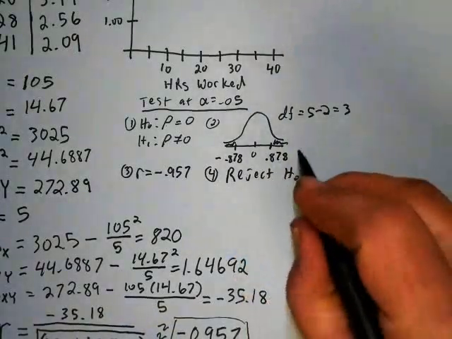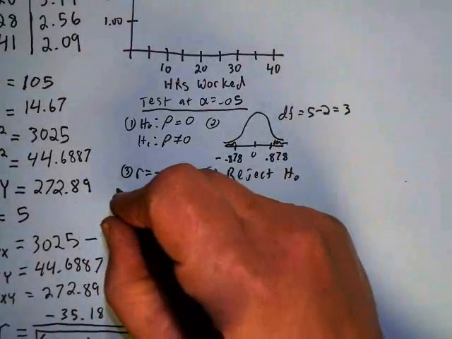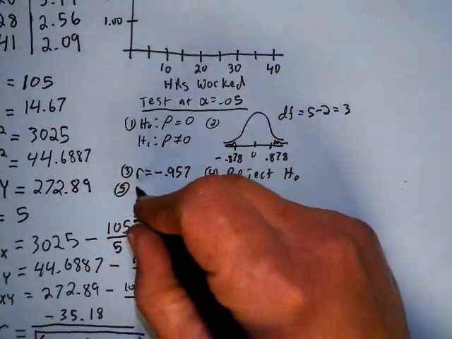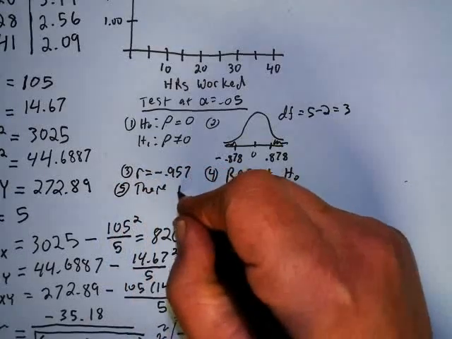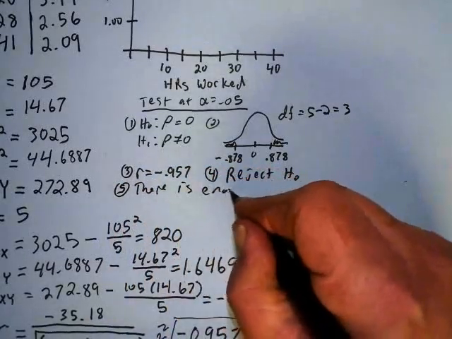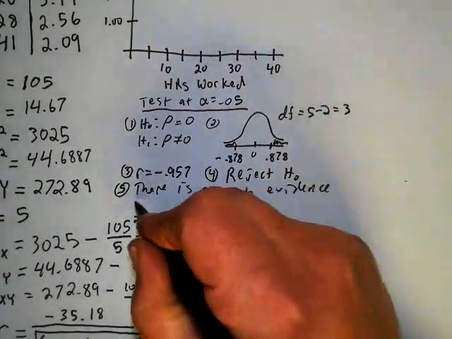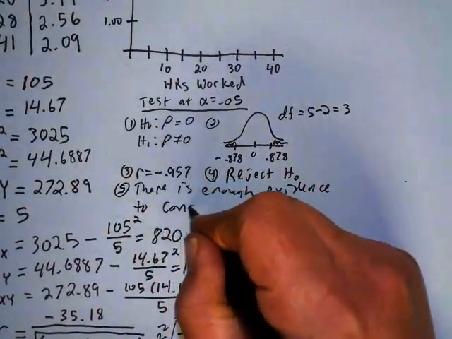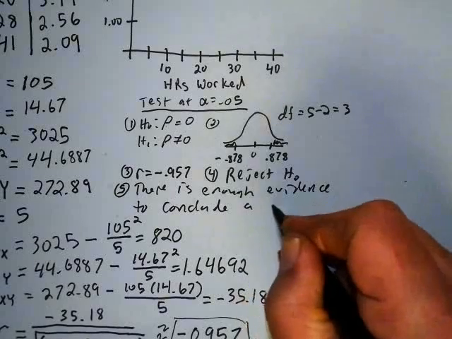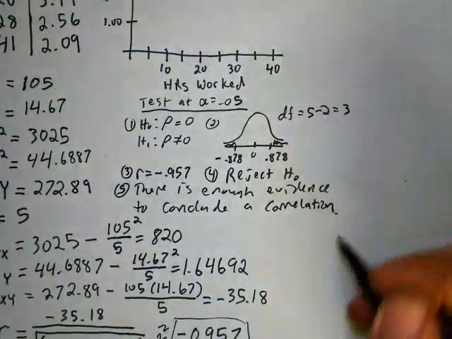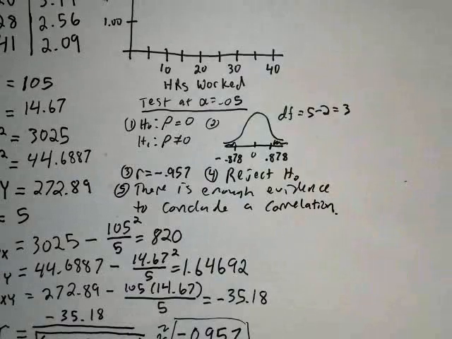But at the 0.05 significance level, there's enough evidence to reject H naught, and that means there is enough evidence to conclude a correlation. So you have enough evidence to conclude a correlation in this case.